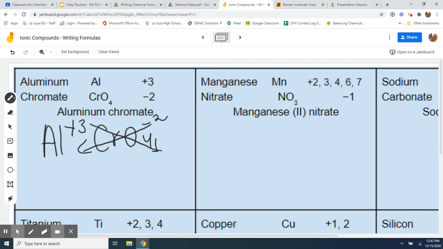Try it out. Don't write plus and minus. Good try. What do you have to do to protect the poly from the number that's crossing down? Protect the poly. Okay? Yes, parentheses. So some of it was right. You were right on the first part. It is Al2.